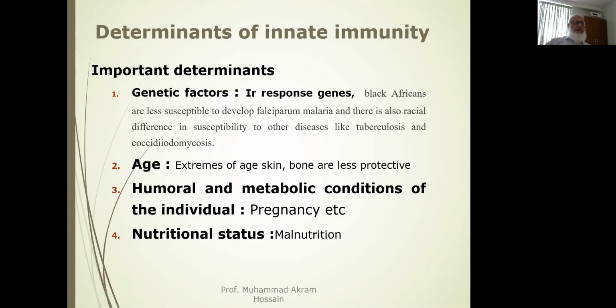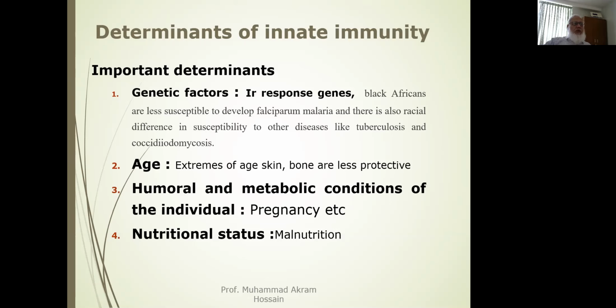For example, black Africans are less susceptible to developing falciparum malaria. There is also a racial difference in susceptibility to other diseases like tuberculosis and coccidioidomycosis.